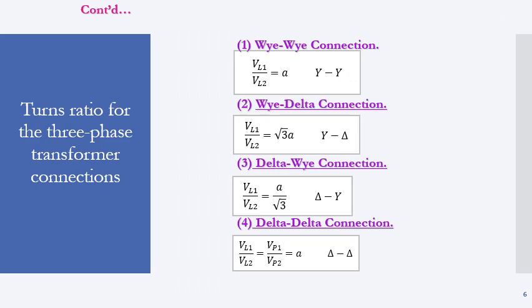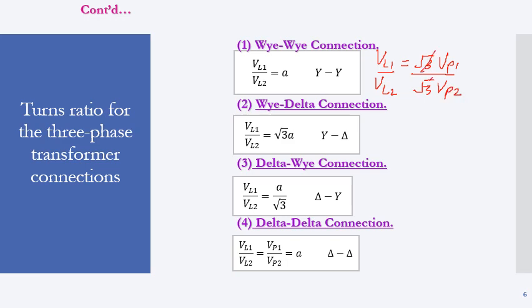For the turn ratio of the three-phase transformer connection, for example for YY connection, V line 1 over V line 2 equals a, where a is the turn ratio. So V line 1 equals root 3 V phase 1, and V line 2 equals root 3 V phase 2.